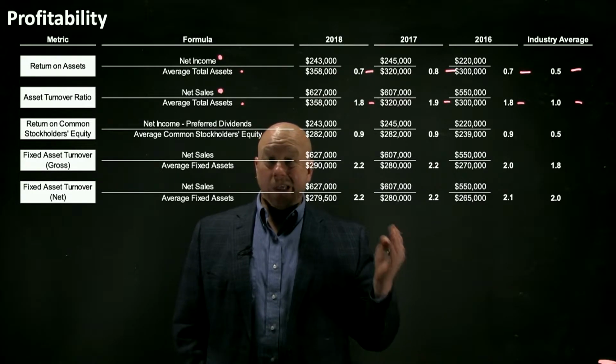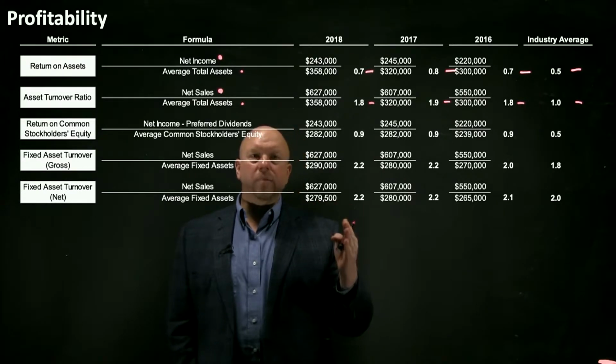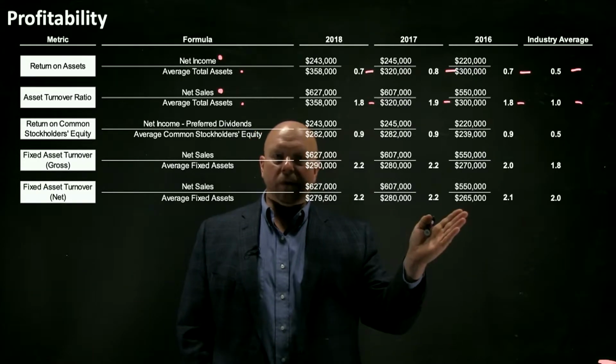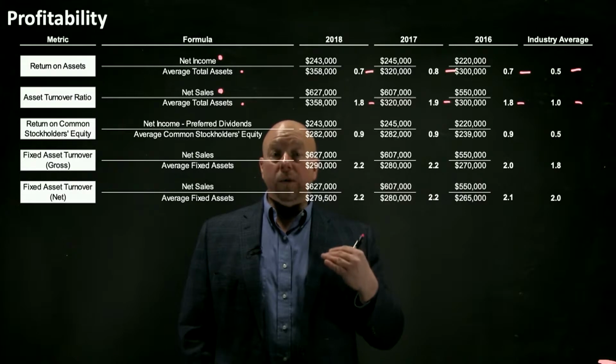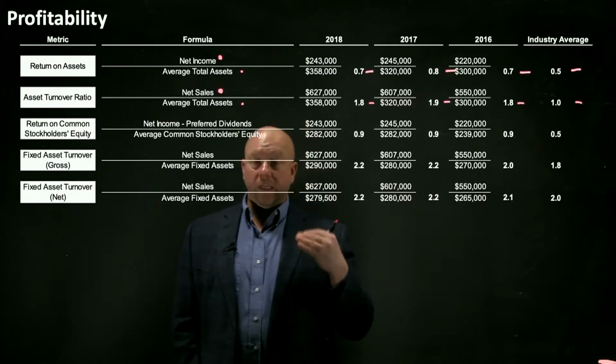So in other words, the preferred shareholders don't get to vote, but they get dividends. It's like the amusement park when you get the fast pass line at Cedar Point. They're in the front of the line for dividends. That means that the common shareholders only get dividends after the preferred shareholders have received what they're supposed to.